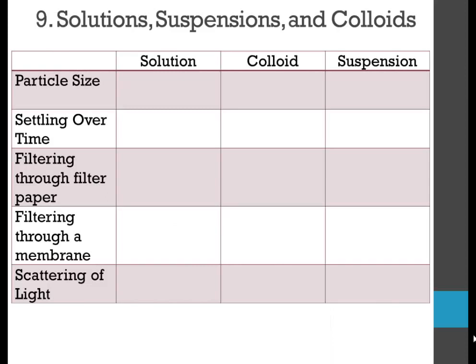Number 9 is asking us to summarize the properties of solution, suspension, and colloid. So a solution, colloid, and suspension, these are all mixtures. The difference is that the solution is a homogeneous mixture, whereas colloids and suspensions are heterogeneous mixtures. The best way to understand this is to relate the size of the particle to the different properties.